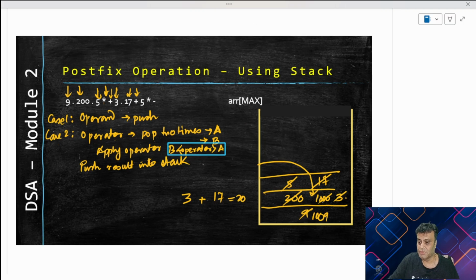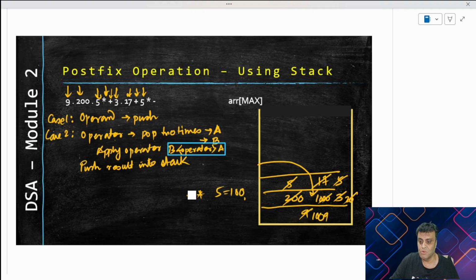You will move to the top of the stack again, right? Now you have 1009 and 20 on the stack. So now you have got 5. Move it here because it matches case 1. Then you get a star. Star means you'll have to pop 5, you will have to pop 20, and what you get is star of this, which is 100, right?